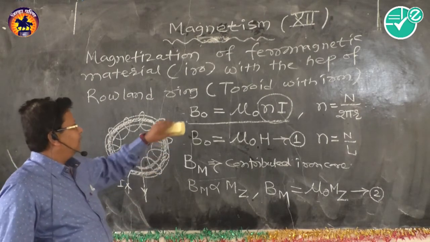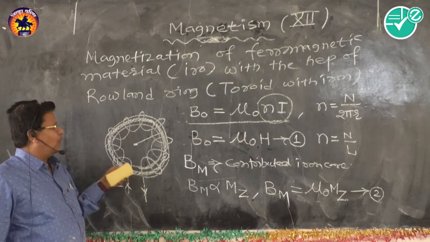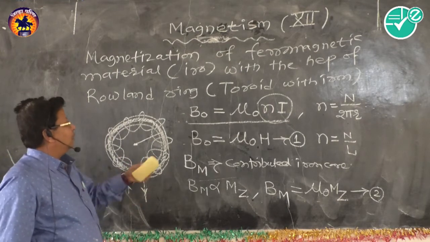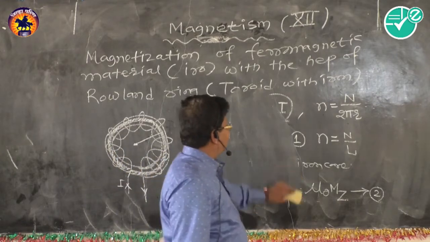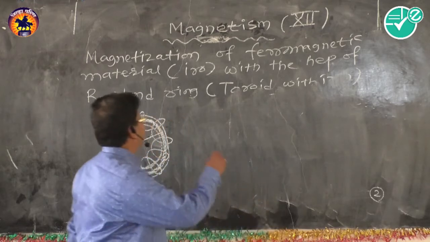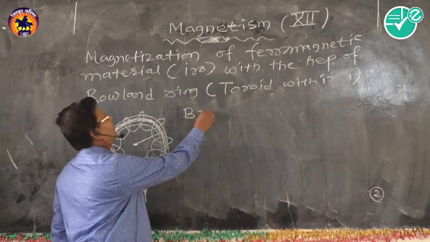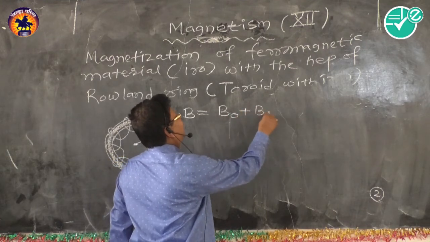As the iron core is inserted inside the toroid, the total magnetic induction B is equal to B0 plus Bm.